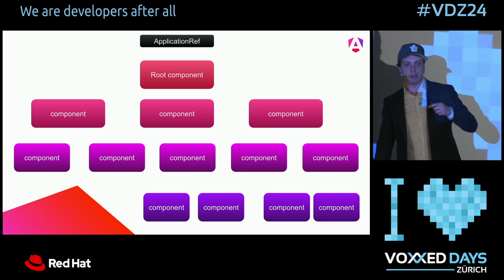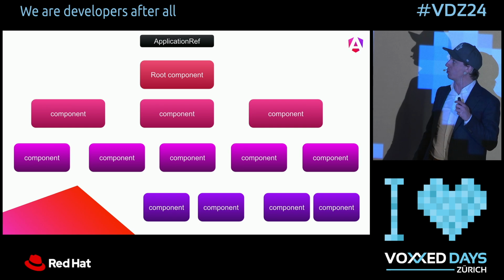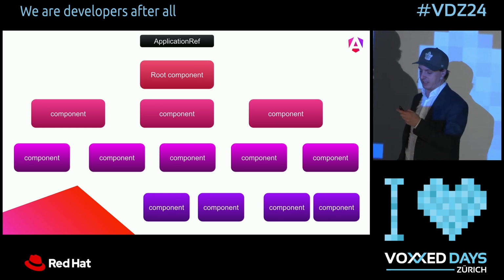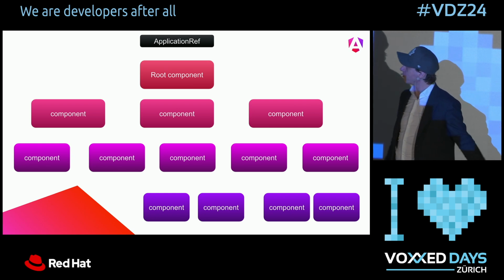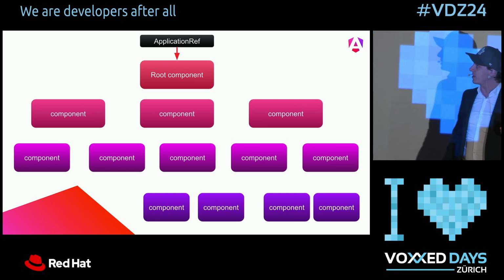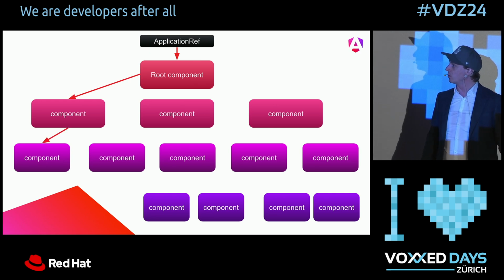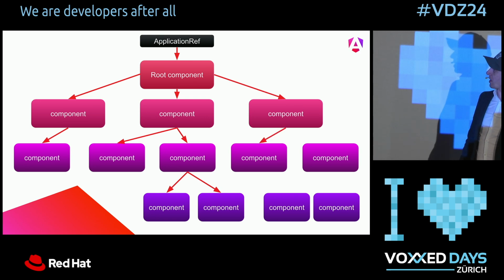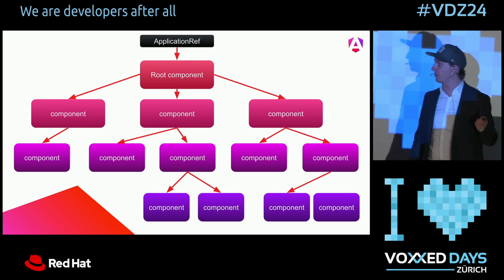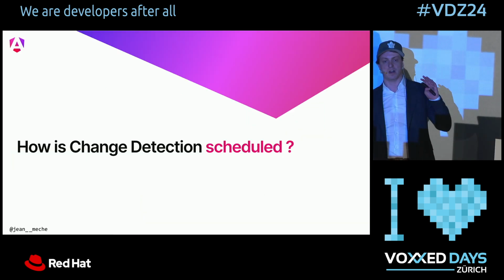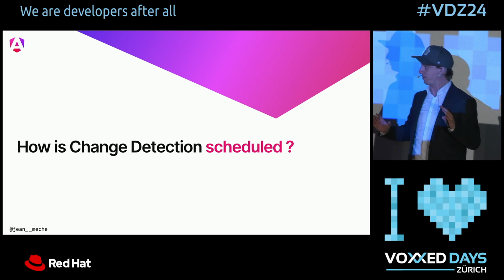Every time you trigger some changes, it will refresh every component in your app, starting at the root, and then every component will get refreshed, like traversing the tree. That's really a tree traversal that we are doing every time we do change detection. This is the basics of how it works in Angular.